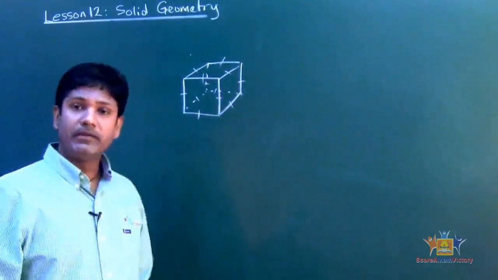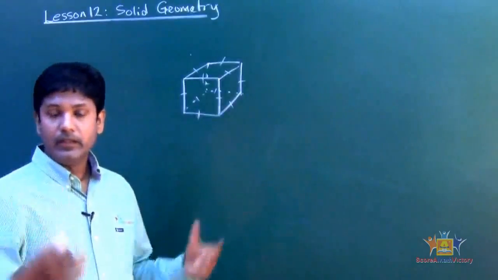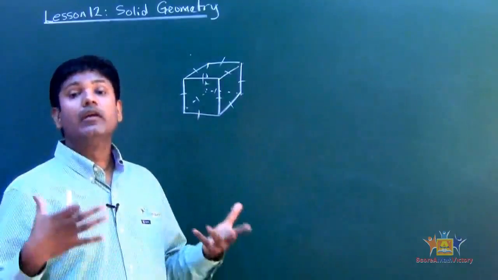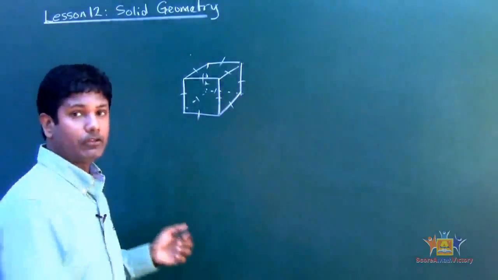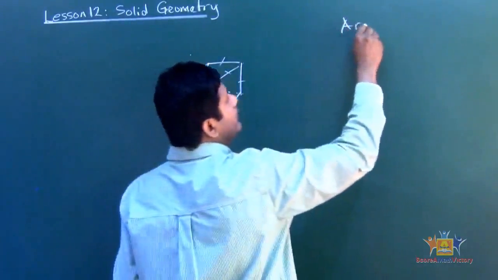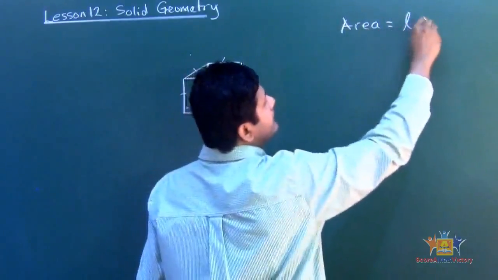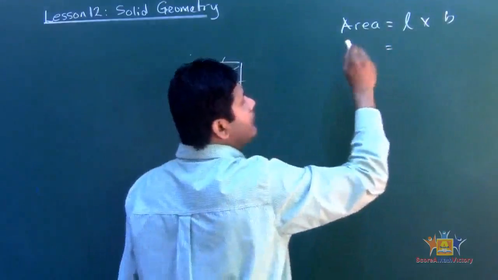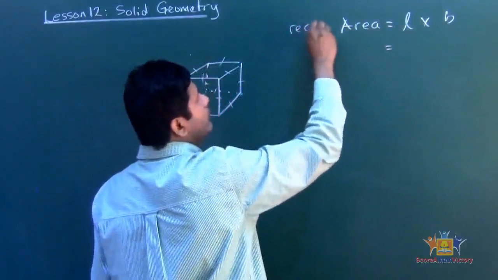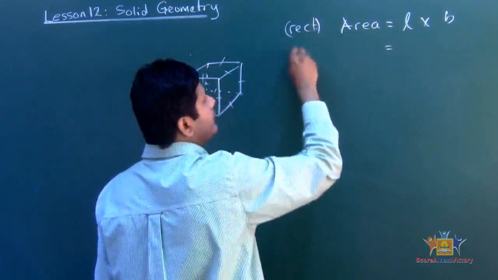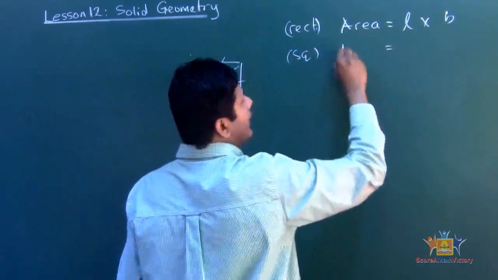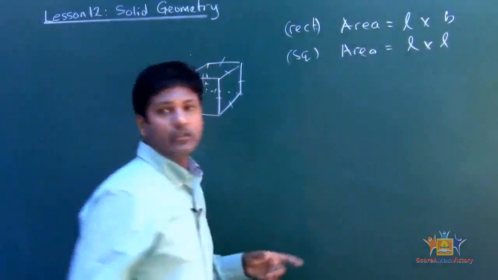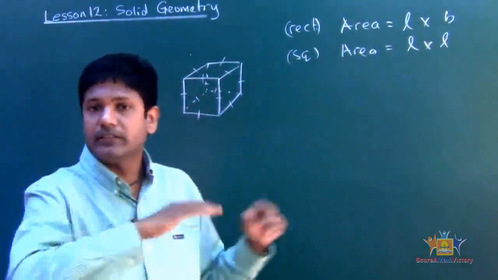We learned from the previous lesson how to find the area. The formula for area was what? Area equals length times breadth. Keep in mind, if it's a rectangle, we use this. If it's a square, we know the area is length times length, because for a square all the sides are equal.